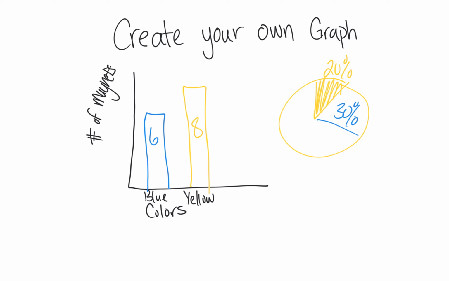If you choose to do a pie chart, it's probably going to be a lot easier for you to make the chart with Google Sheets, and I'm more than happy to show you how to build a chart on Google Sheets. But pie charts are tricky to do by hand because you have to calculate the size of the wedge based on a percentage. So with pie charts, I'm happy to show you how to do that on Google Sheets.